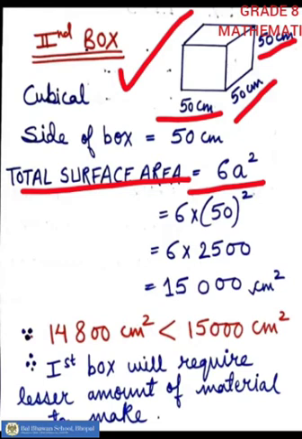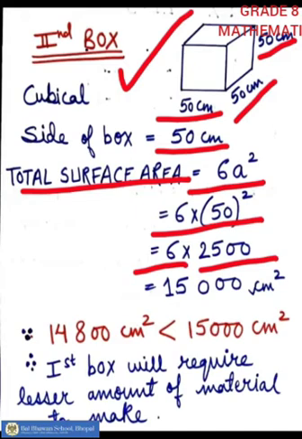Okay, so the side of the box is 50 centimeter. Now let us substitute the value over here. 6 multiplied by the square of 50. The square of 50 is 2500. Later on, after multiplication, I have got 15,000 centimeter square as the total surface area of the second box.